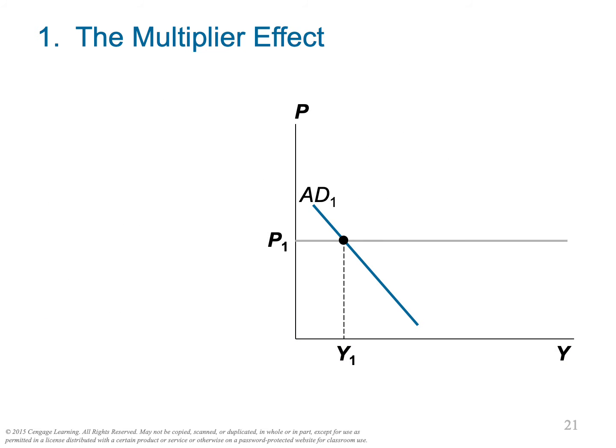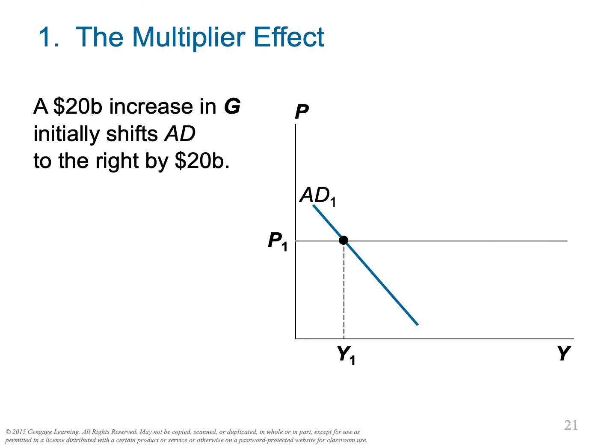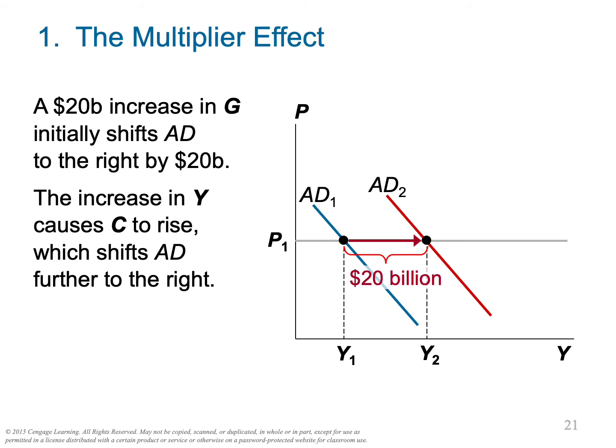So if this is our aggregate demand and the government increases government spending by $20 billion, it's going to shift the aggregate demand curve to the right by 20 billion. But that's not the end of it. Because of the multiplier effect, the increase in income causes consumption to also rise, which further shifts aggregate demand to the right.